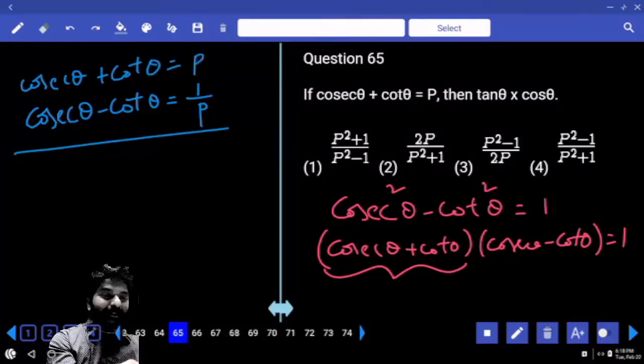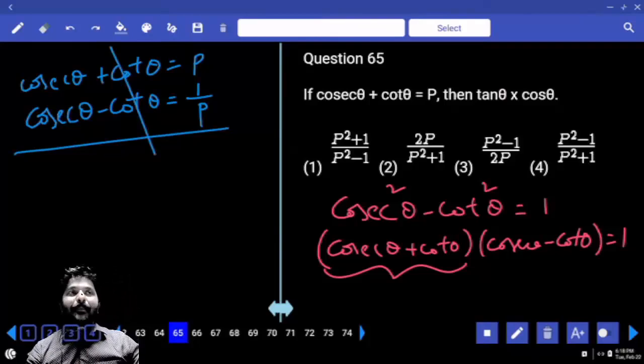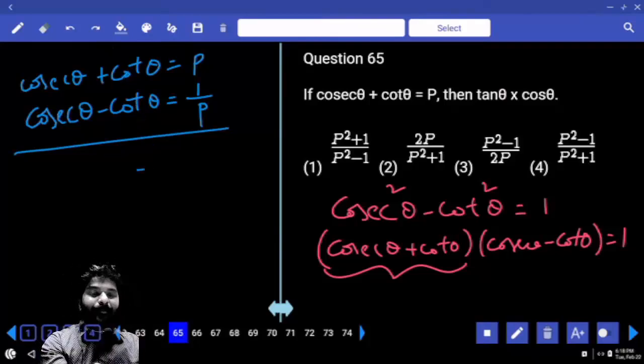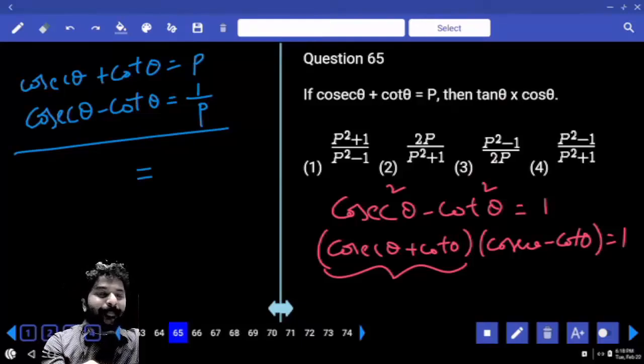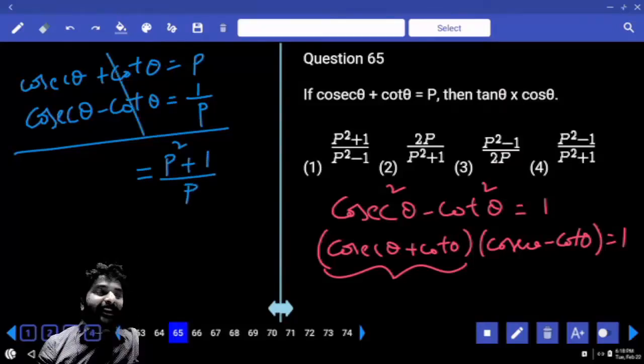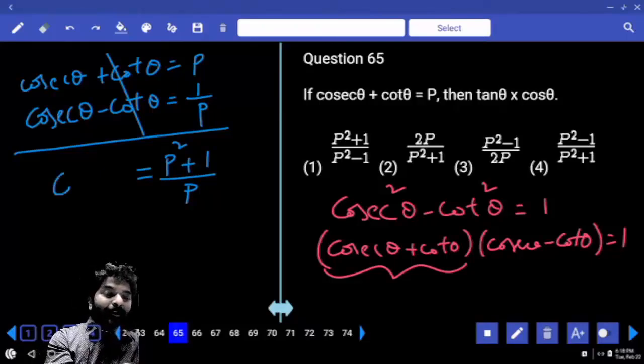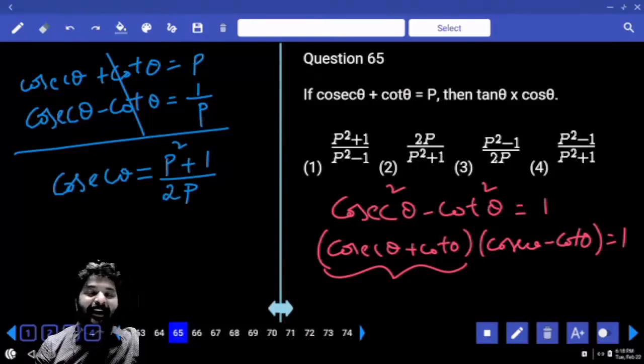When you add both, plus cot theta minus cot theta gets cancelled, correct? Right hand side p plus 1 by p. Can you simplify that? P square plus 1 by p. Left hand side, when cot theta gets cancelled, we have 2 cosecant theta, correct? From this, cosecant theta is equal to p square plus 1 by 2p.